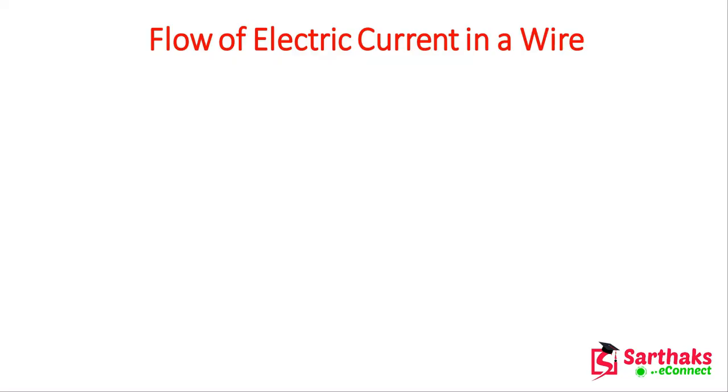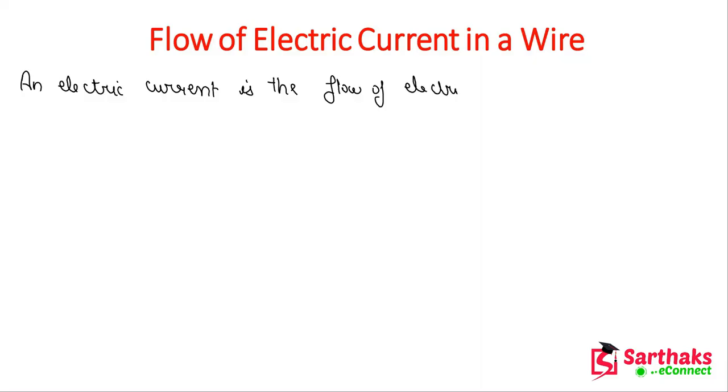But now, when the flow of electric current is considered in a wire, an electric current is the flow of electrons in a metal wire, or we can say a conductor.